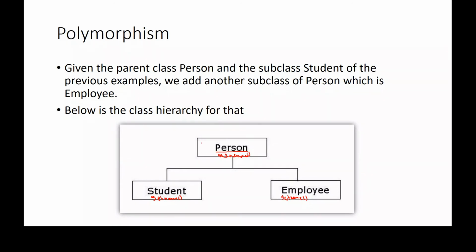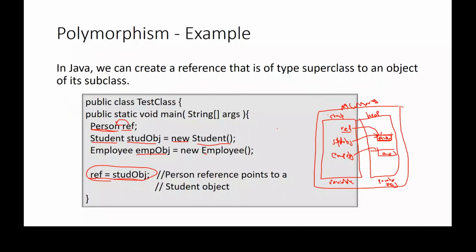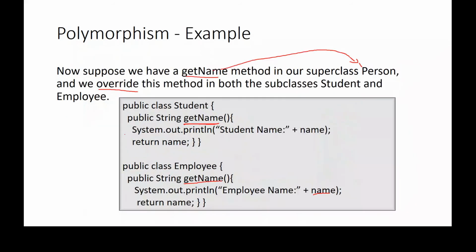I use the same method name from the superclass in the child. I didn't change anything. The return type is the same, the name is the same, and the number of parameters is the same. The return type is String, it takes no parameters, and it's public. Same exact signature, the same heading.